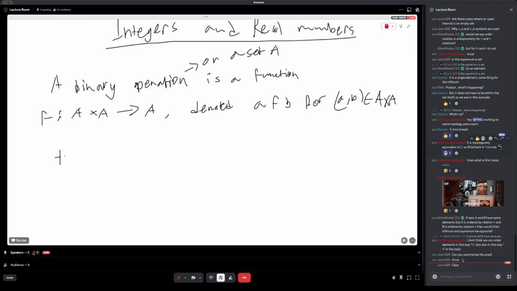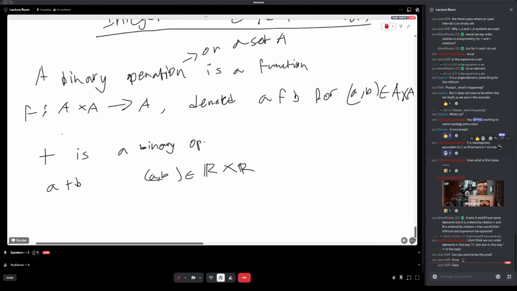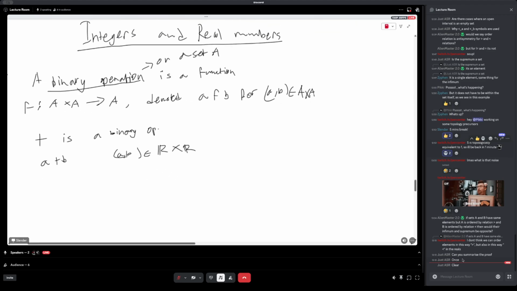For example, addition is a binary operation, because if you take a plus b, you're essentially taking some a and b, this pair from the real numbers with itself. So that's basically what a binary operation is.